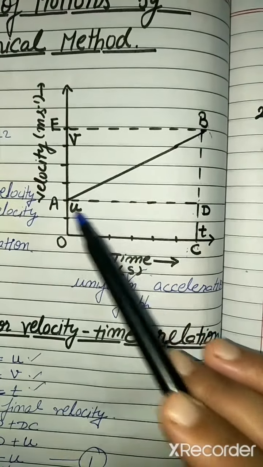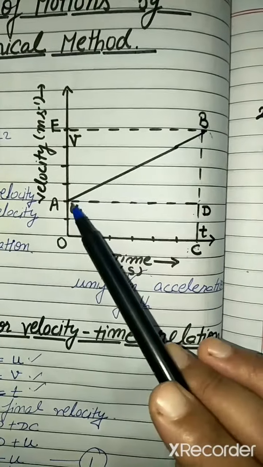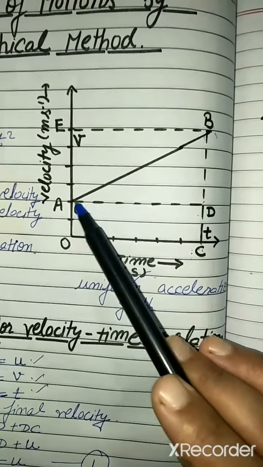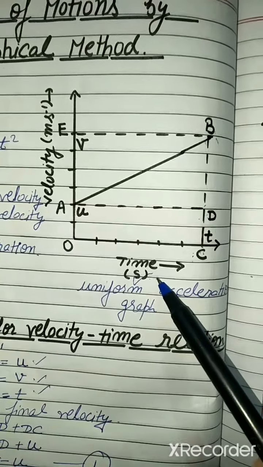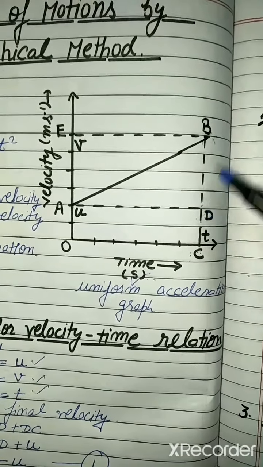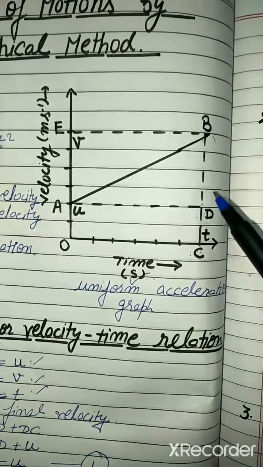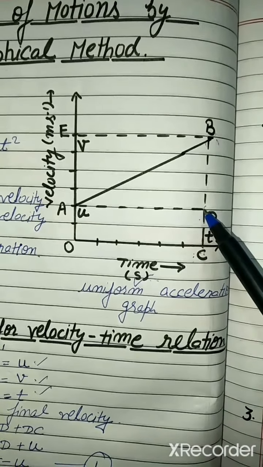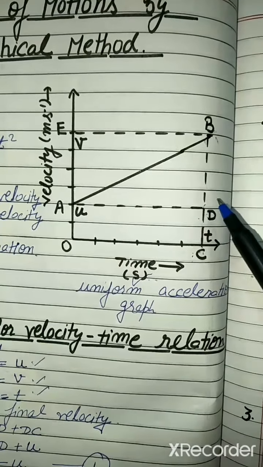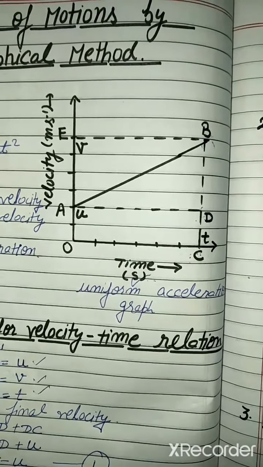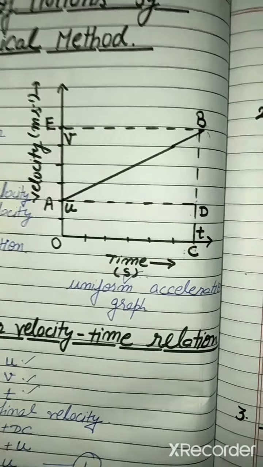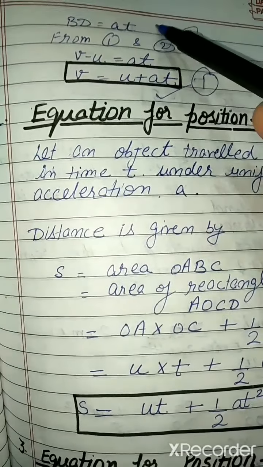Now if we are talking about a triangle, half base, that is AD here, and AD is equal to t, right? And height is BD. BD comes at, as we have calculated in the previous derivation, that BD is equal to at, right?